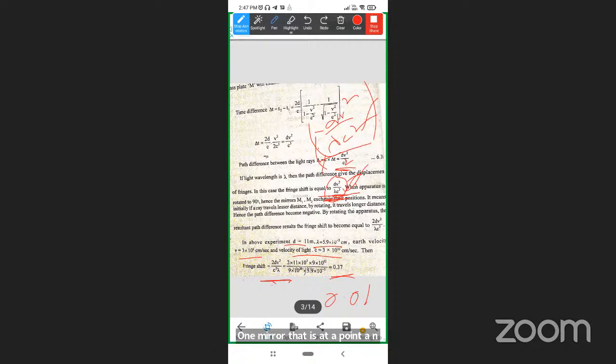So that is A dash and B dash, with respect to the figure shown.